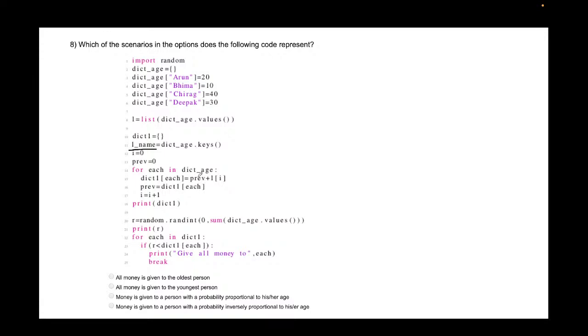Previous is the variable that is set to 0 initially, so it's like 0 plus L of i. L of i is L of 0 in the first instance, and L of 0 will be 20, the first age.